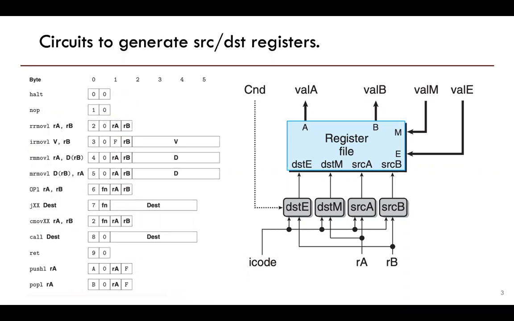Let me take the source B box as an example. It takes RB and icode as input, and it outputs the register ID RB or F depending on icode, and this value goes to the input srcB in the register file.